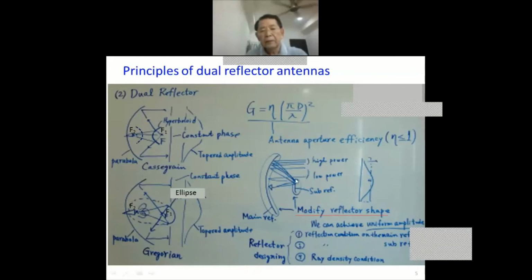So the radio wave is reflected more, the power becomes more dense at the edge, and the center area becomes low power density. Then the almost uniform power distribution can be achieved like this, by modifying the reflector shape a little bit from the original.